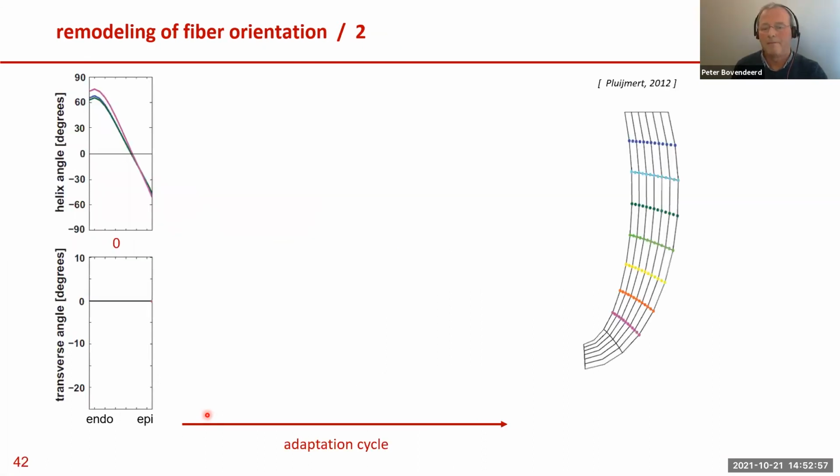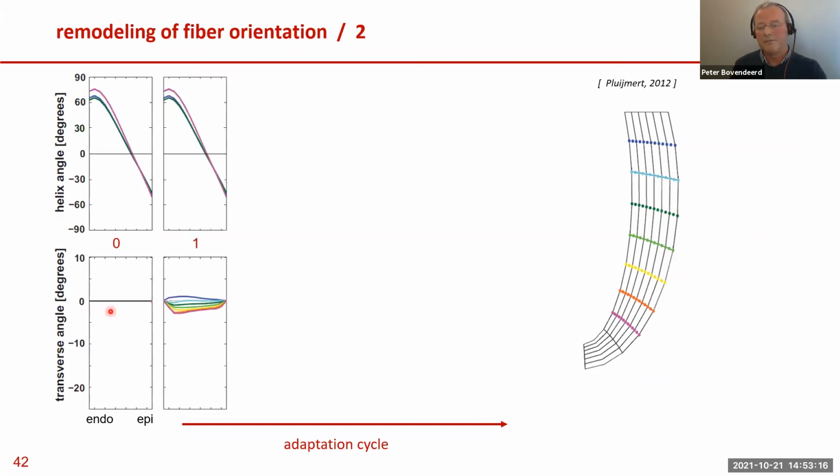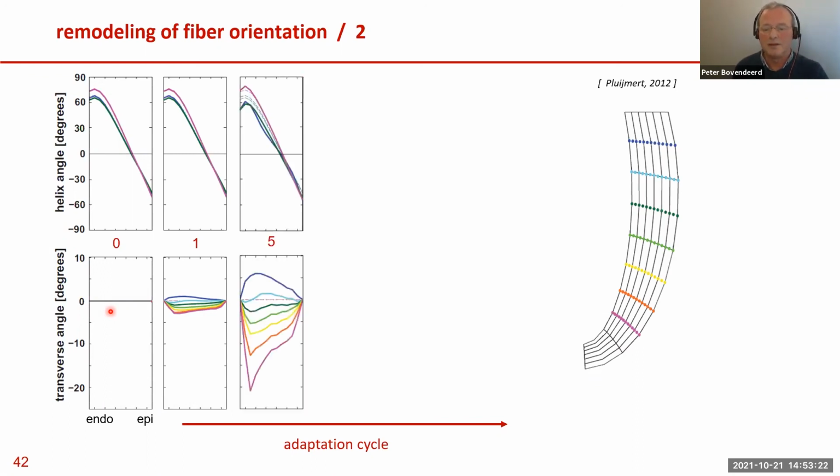And my PhD student Marieke Pluimert implemented this model, and here you see in this left ventricle the initial orientation of the fibers, this helix angle distribution, no transverse angle, and in a series of adaptation cycles, she computed the evolving fiber orientation.